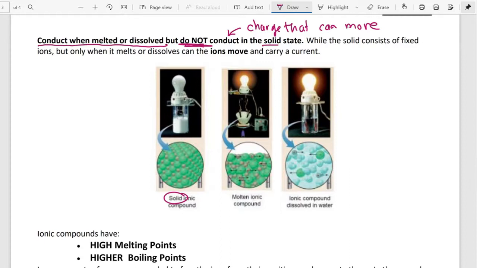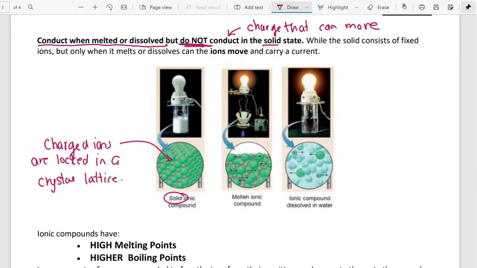We have positive and negative charges in an ionic compound. However, those charged ions are locked in place. So charged ions locked in a crystal lattice equals solids unable to conduct.